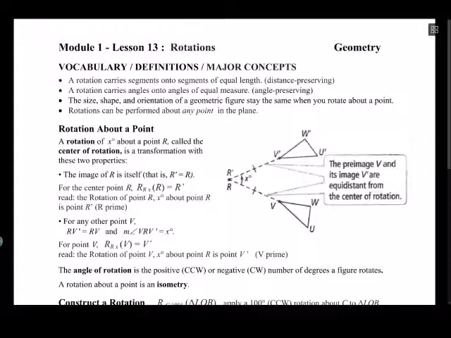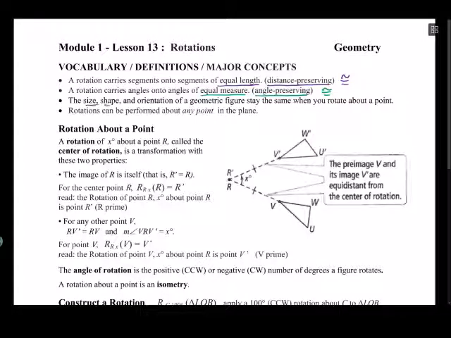A rotation is distance preserving. That means that it's going to map segments onto segments of equal length. They are also angle preserving, which means that our angles are going to map onto angles of equal measure. That means that our segments are congruent and our angles are congruent.